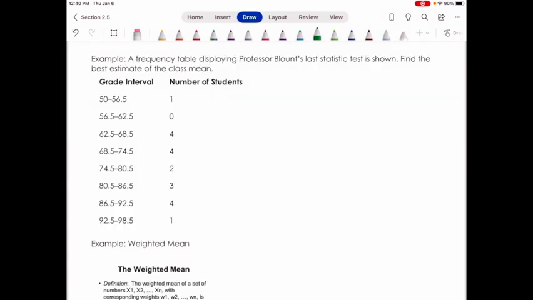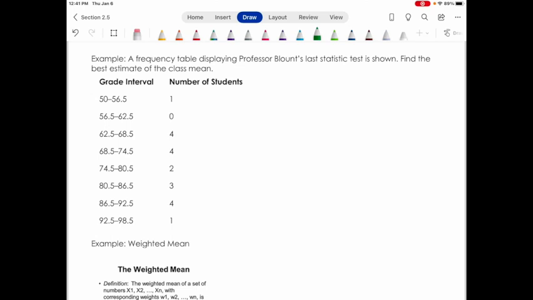So looking at this next example, we have a frequency chart here with statistics test grades, and we have our grade intervals here on the left and then the frequency on the right, where it's listed as number of students. Now, if I wanted to find the mean of this class using the information in the chart, it's impossible to find the exact mean because the data values are grouped in these intervals and we don't know what the individual grades are.